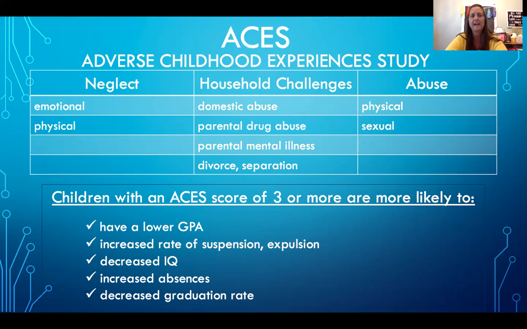All right, so when they asked these 17,500 adults these questions, they found that 67% of them had at least one of these adverse childhood experiences. And then they found that 12% of them had greater than 4 adverse childhood experiences.